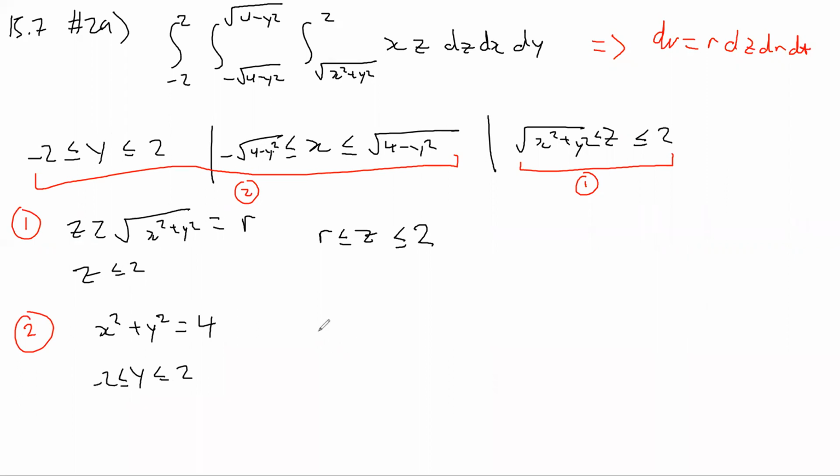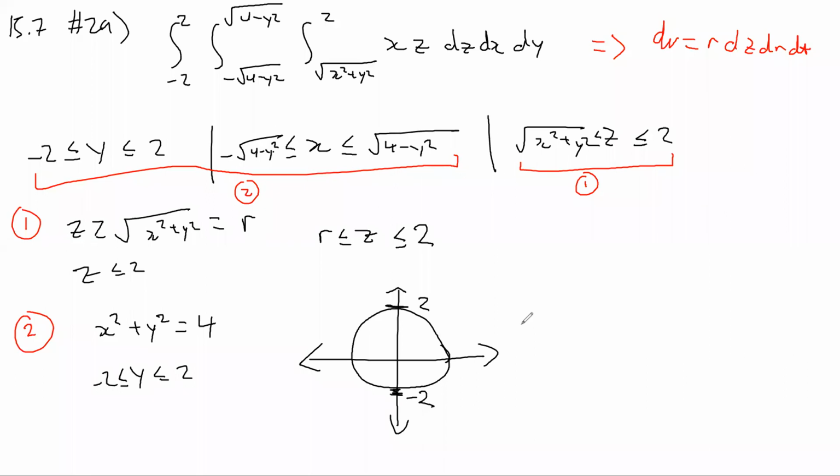So that's in the xy plane, that's actually going to look like a circle with radius of 2, right? Since x squared plus y squared equals 4 is going to give us a circle of radius 2. And since y is bounded between positive 2 and negative 2, we basically have this circle.